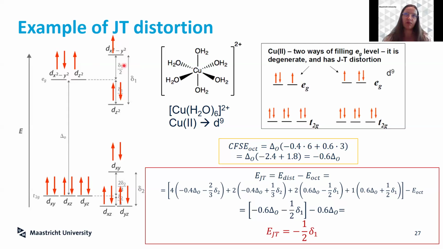So this is delta 1 over 2, but this is delta 2 over 3, because you have 3 orbitals that you need to split. So this is done exactly in the same way as you would do this, but then you count with the split, right? And you don't consider the energy of the octahedral because you already calculated this one, right?